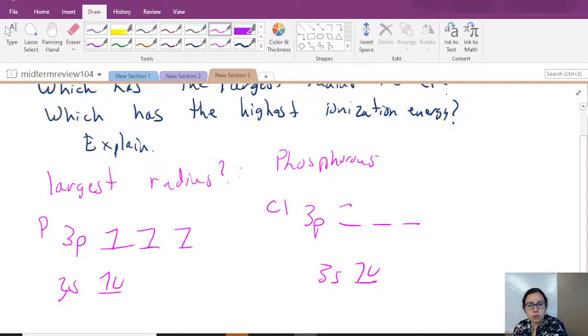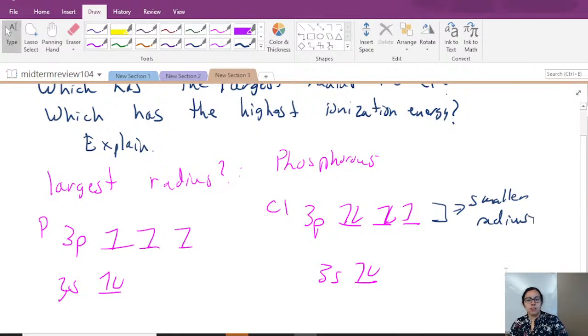So 1, 2, 3, 4, 5, 6, 7. And then yes, so now we can clearly say, well, chlorine has more electrons on those 3p levels, so that makes its radius smaller. And so phosphorus is bigger, so good job with that.